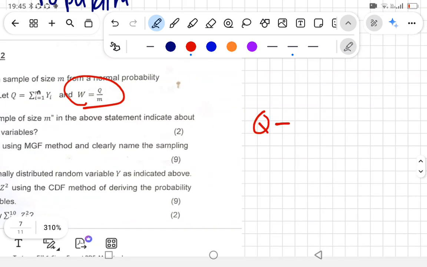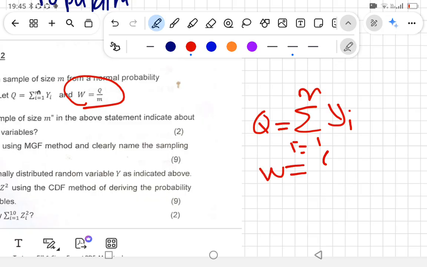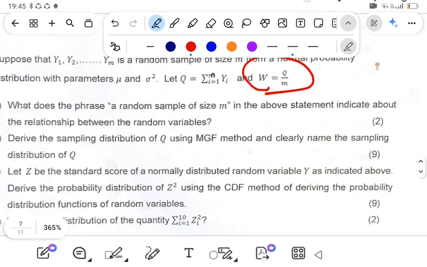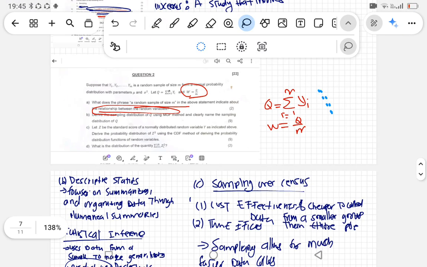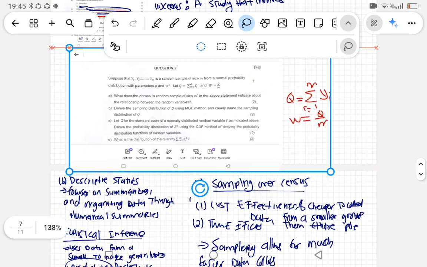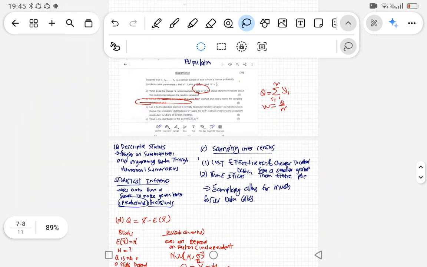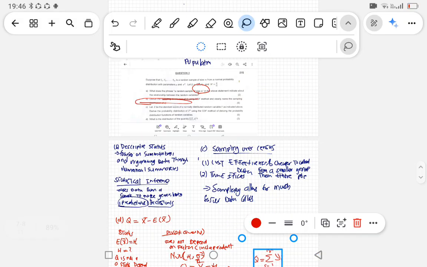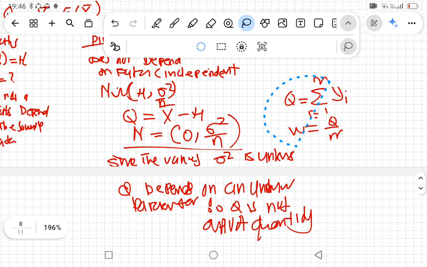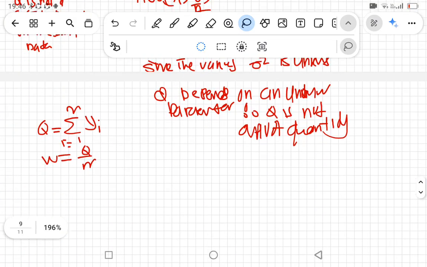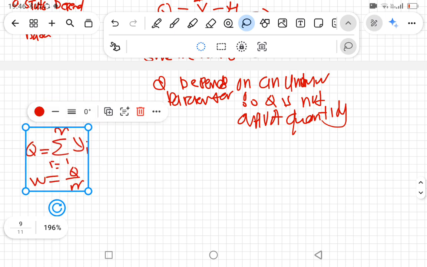We know that Q is the summation of Yi and W is Q over M. Now they are saying, what does the phrase a random sample of size M indicate about the relationship between the random variables? And this is 2.1.